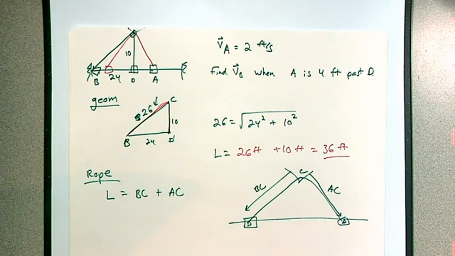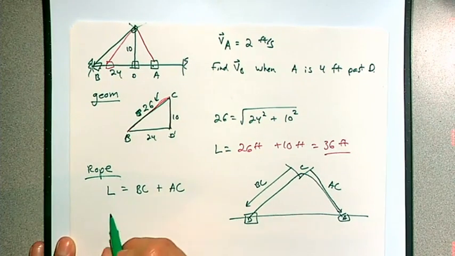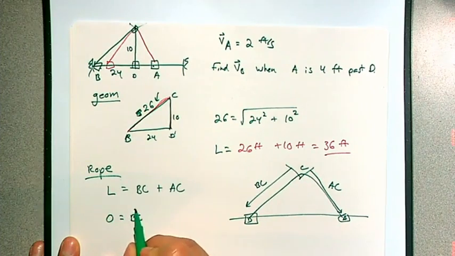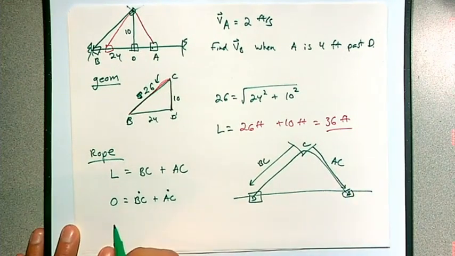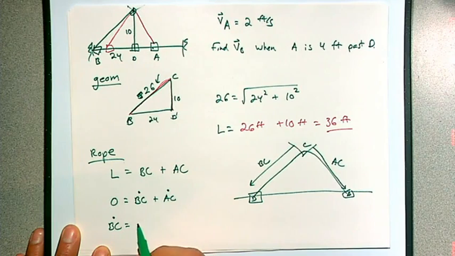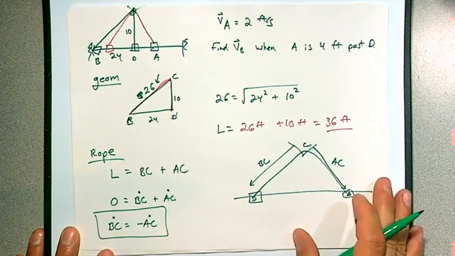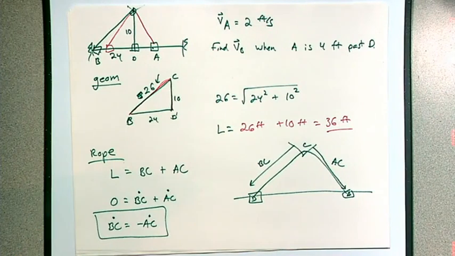If this rope is constant and we took the derivative, our length is 0. BC dot plus AC dot. Hey, they're going to be opposite. That's our constraint.